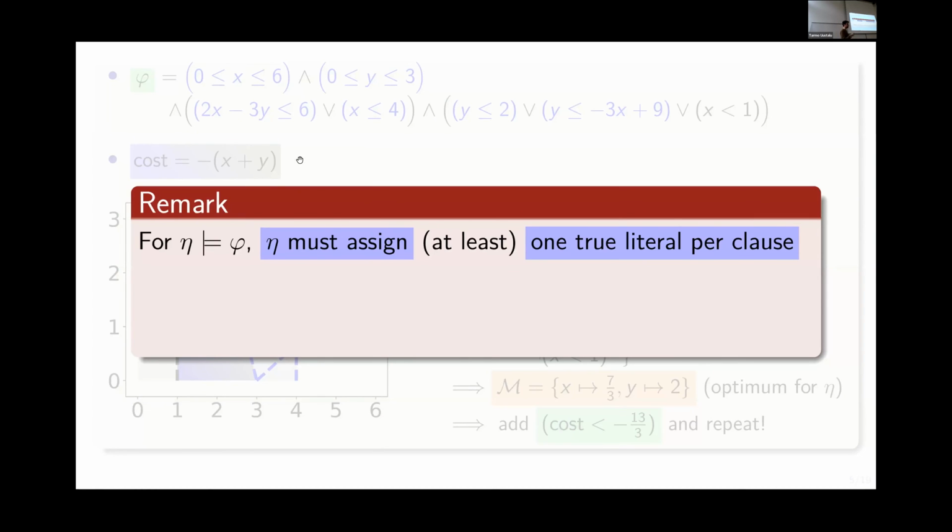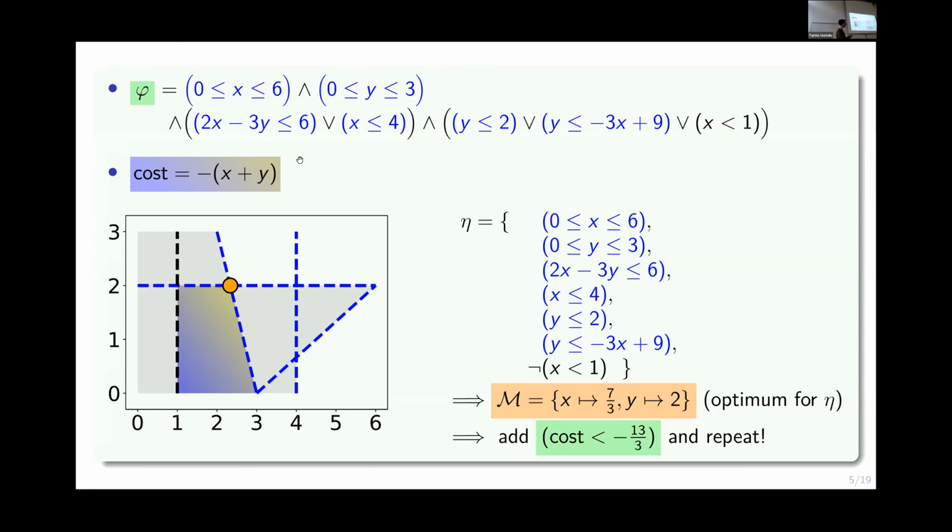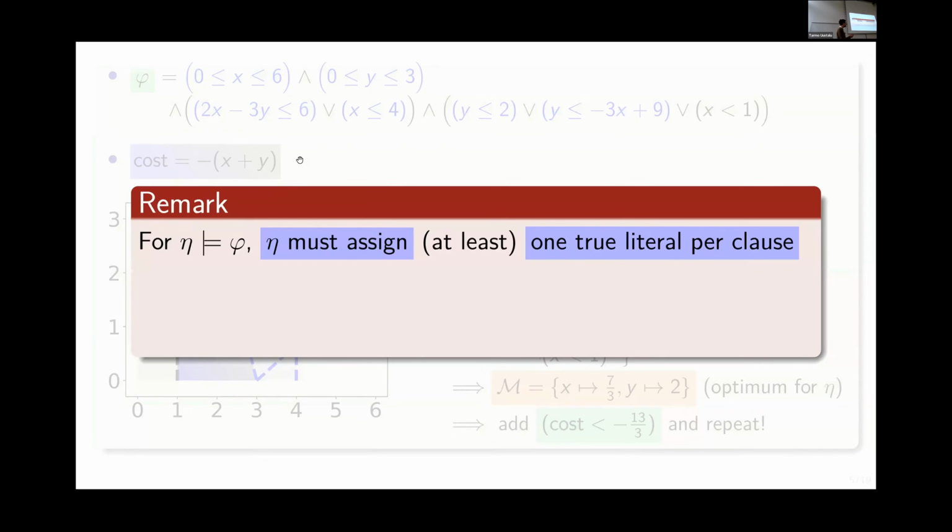The main point we make is that this loop is actually suboptimal because the truth assignments returned by the SMT solvers are total, meaning that they assign a truth value to every atom in the formula. But in principle, for a truth assignment to satisfy the formula, we would only require it to assign one true literal per clause.